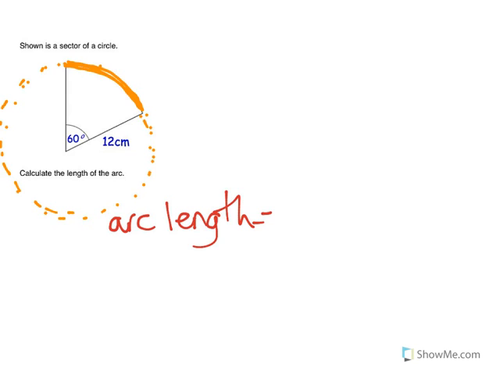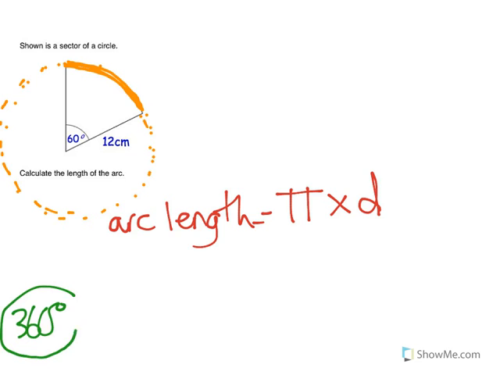So we should be fairly happy with, in order to calculate the circumference of a circle, that's pi times diameter. Now what we need to do is we need to get just part of that. So if we think about the degrees in a circle, there are 360 degrees in one full circle.